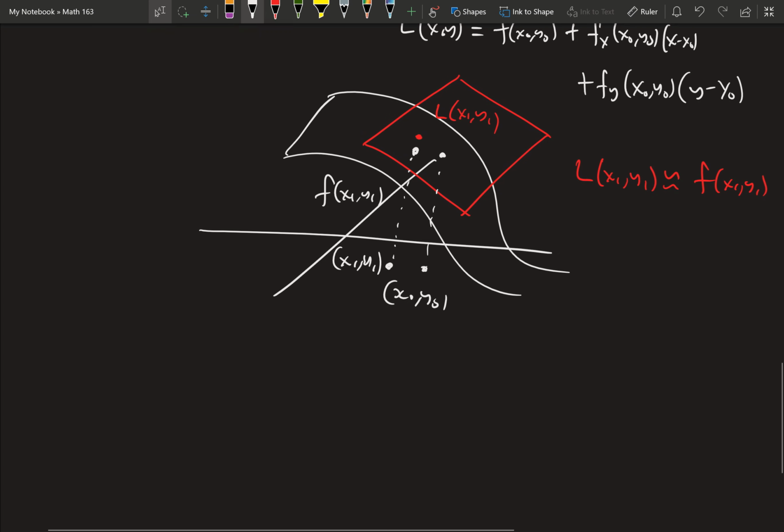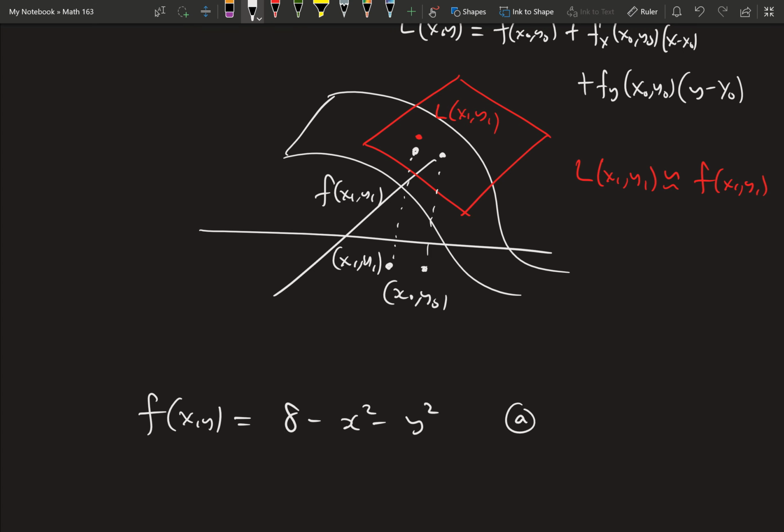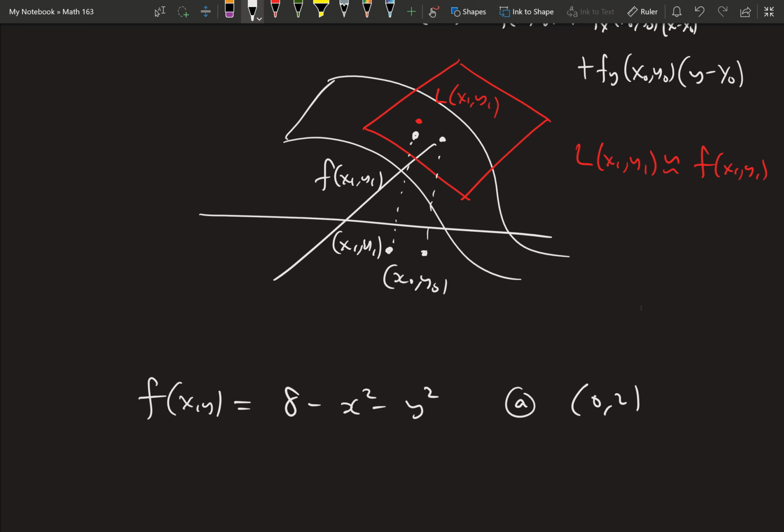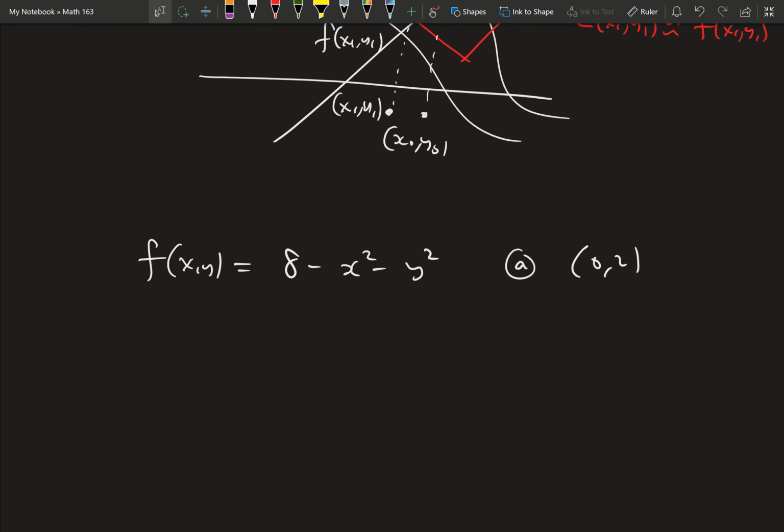So let's go back to an example that we did a little earlier, where we had the surface 8 minus x squared minus y squared, and we were at the point 0, 2. We saw the equation of the tangent plane, and I'm going to use L of x, y just to use the same terminology.